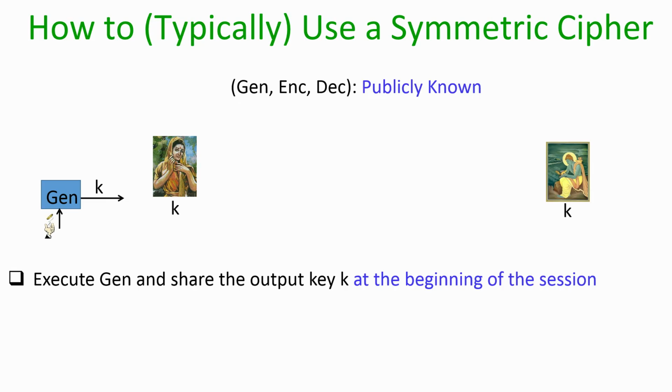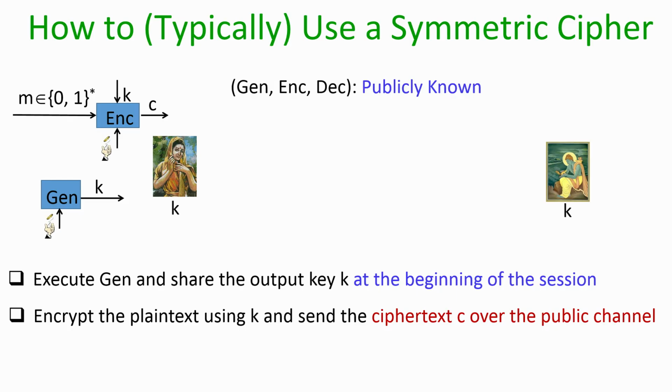So, we imagine that at the beginning of the session, the sender runs this key generation algorithm, and in that session there are several messages which the sender would like to encrypt and communicate to the receiver using this key. So, the first step of the session will be the key generation algorithm and the agreement of that key with the receiver by some magical mechanism.